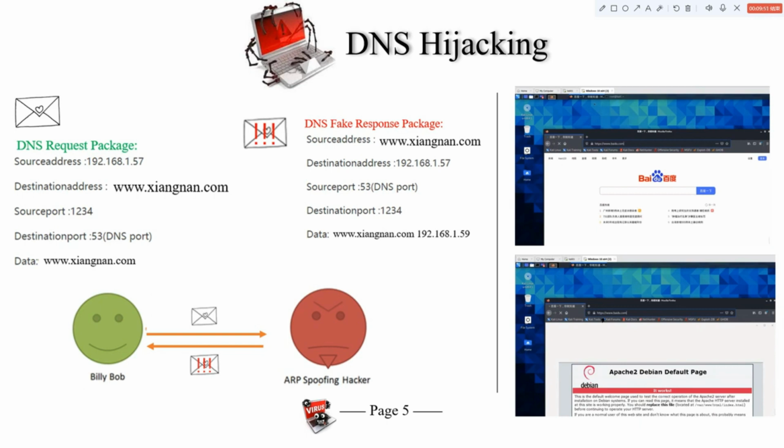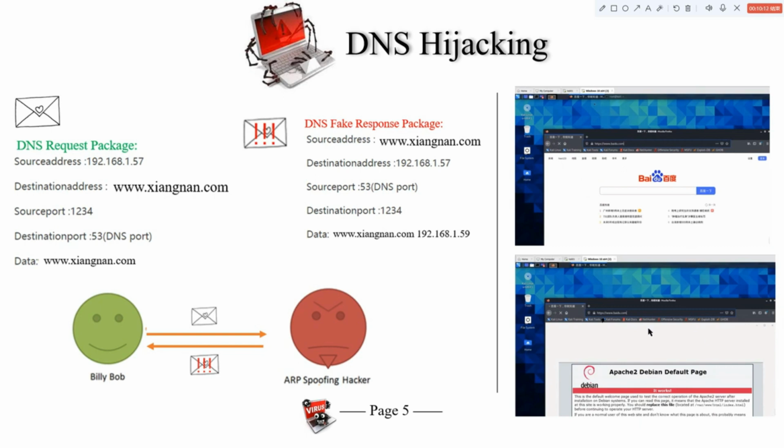And due to the reason that we didn't really rent a domain name, I used Baidu to do the test on a virtual machine. The first picture is before attacking, and the second picture is after attacking.